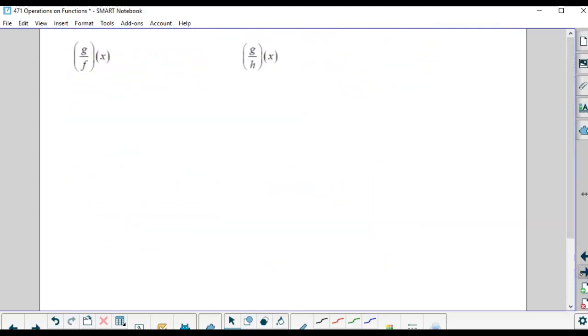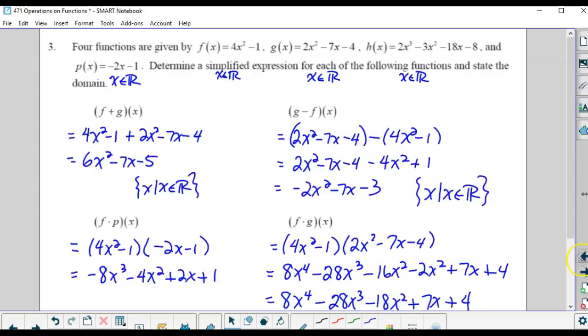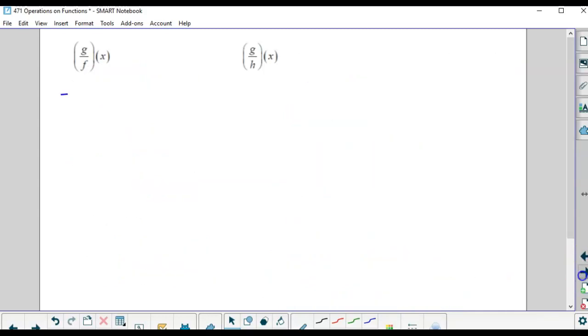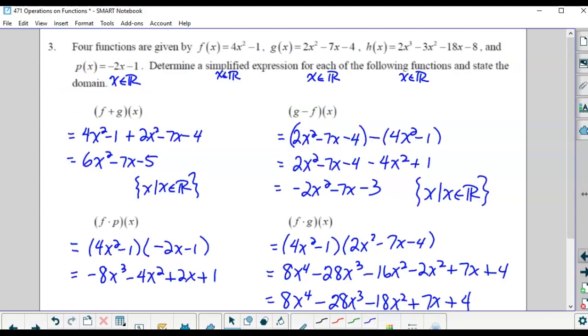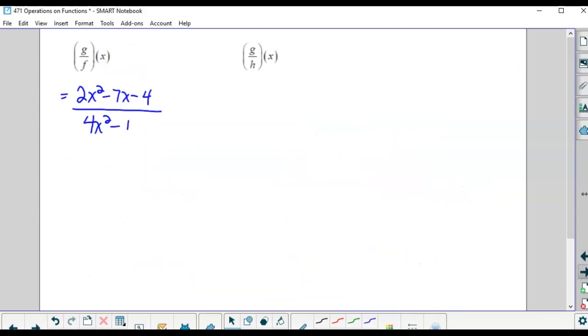Okay. And then g, I'm going to have to copy, so g is 2x squared minus 7x minus 4. And then I think that was 4x squared minus 1 for f. Let me just see, yeah. Okay, so remember back to Math 10 when we did rational expressions.